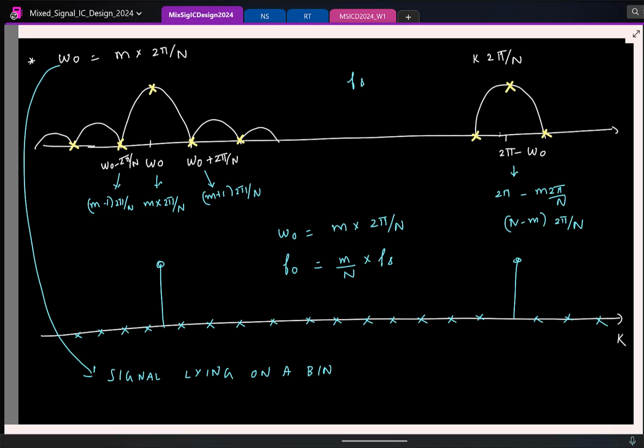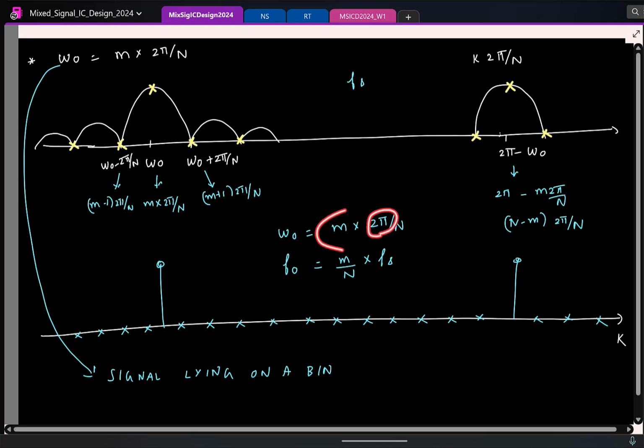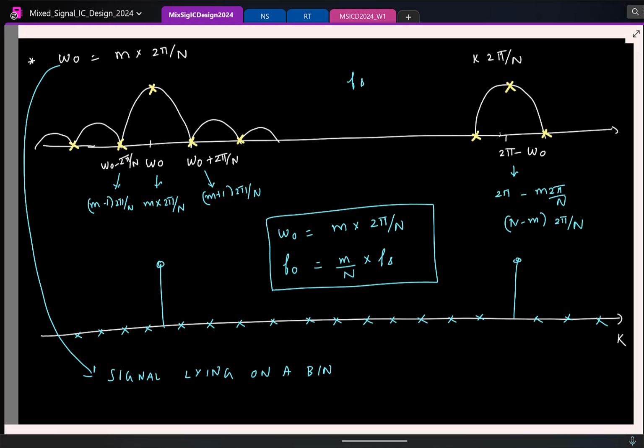When I sample, the spectrum in continuous time repeats with fs; in discrete time, the spectrum repeats with 2 pi. So 2 pi maps to fs, and this frequency is m by n times fs. Something you should remember: 2 pi is basically fs when you sample at fs. So this is how you should choose your sinusoid if you want the signal to fall on a bin. Clear?